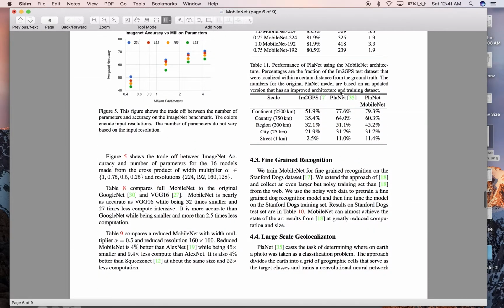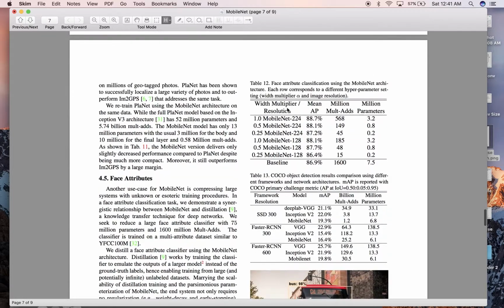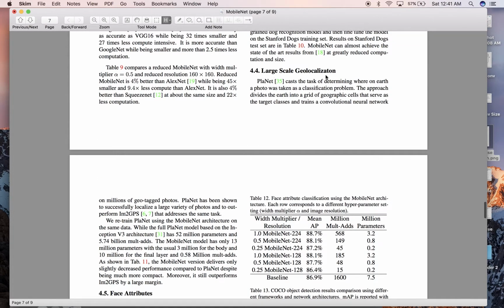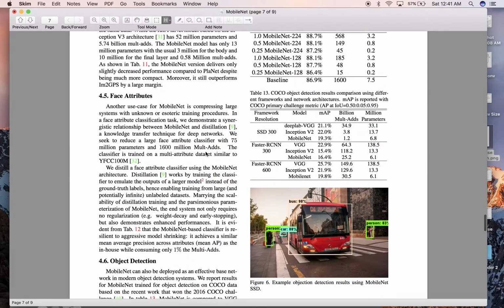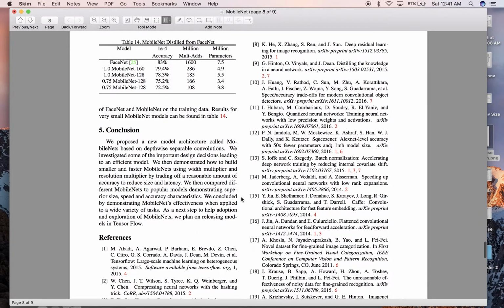And yeah, he shows his results for different data sets and different types of tasks. So this is face attributes, and this is geolocalization, object detection, face embeddings. So yeah, so we proposed a new model architecture called MobileNets based on depthwise separable convolutions.